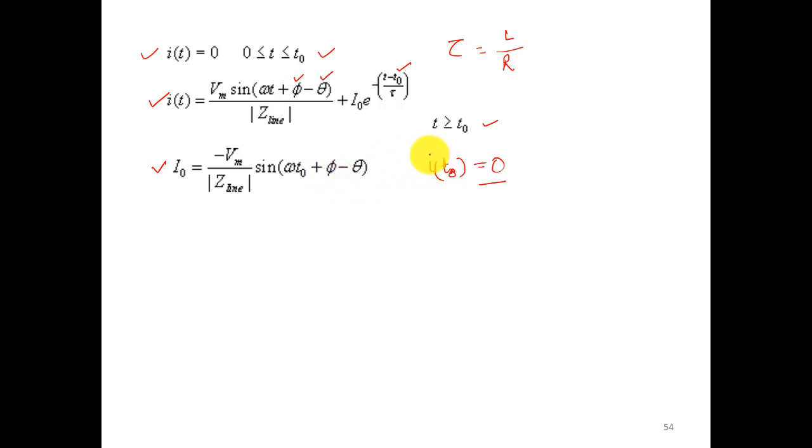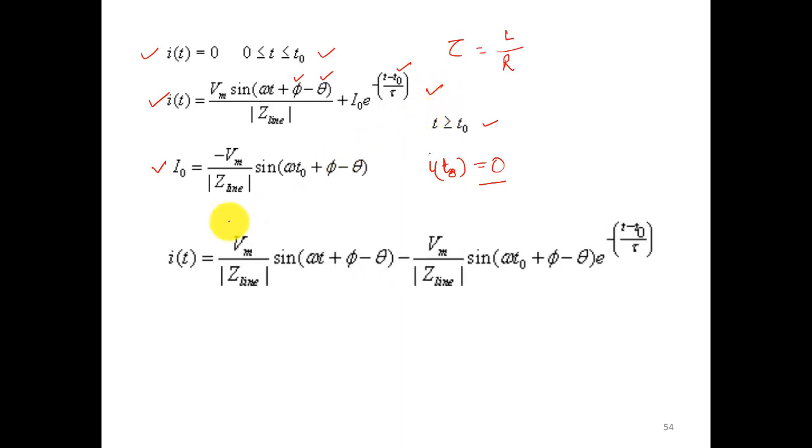Just by considering this initial condition, we can find I naught from the above equation. Now i(t) will become Vm by Z line sine of omega t plus phi minus theta, minus Vm by Z line sine of omega t naught plus phi minus theta, times e to the power minus t naught by tau.